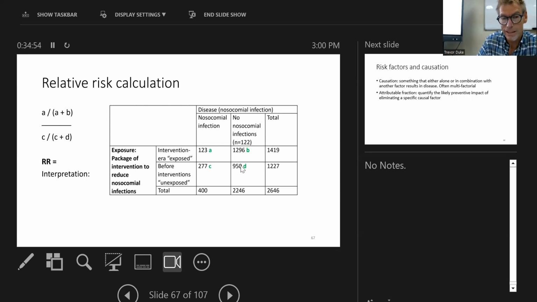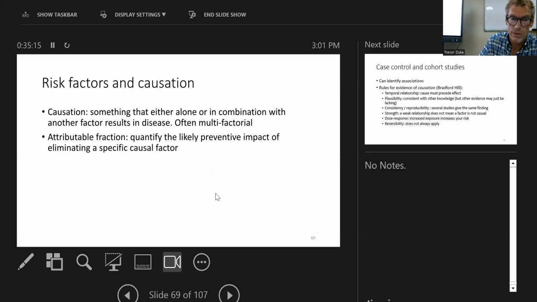And so throughout that period of time, there were 2,646 children in the study overall, those two cohorts, and 400 of them got a nosocomial infection. But as you see, more than twice were in the before the intervention, right?